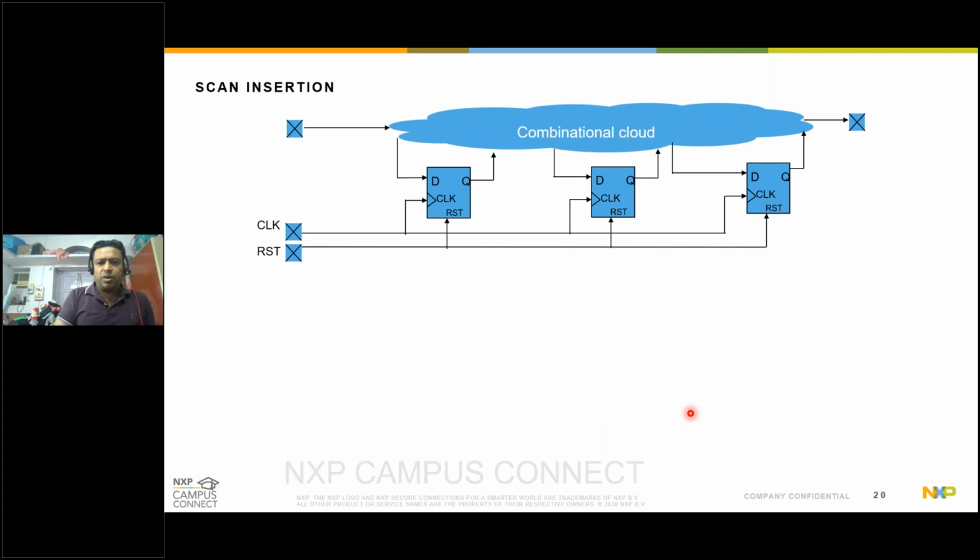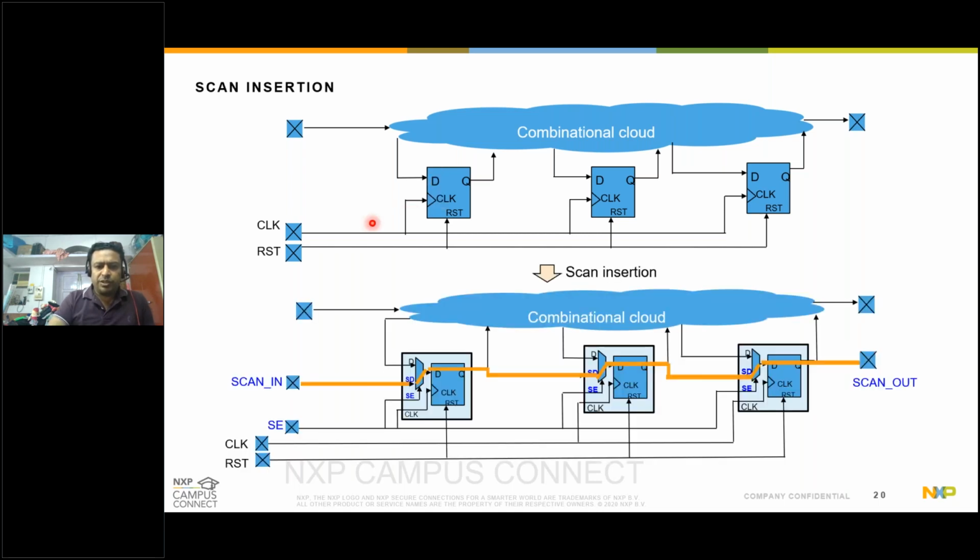So now let's see how this scan-inserted flop can be used in our design in order to control the internal nodes. This circuit is without scan-inserted flops, having only a single D input. Now, if I replace my flops with scan-inserted flops, this is how my logic is going to look.